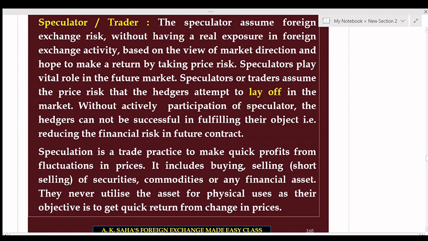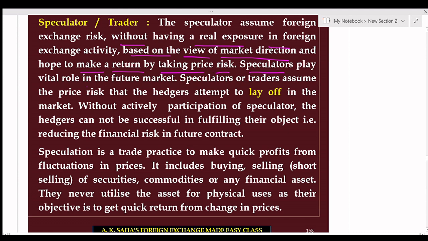Speculator or trader. The speculator assumes foreign exchange risks without having a real exposure in foreign exchange activity, based on the view of market direction, and hopes to make a return by taking price risks.